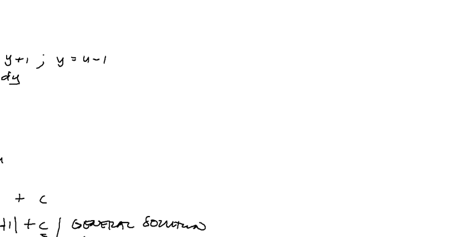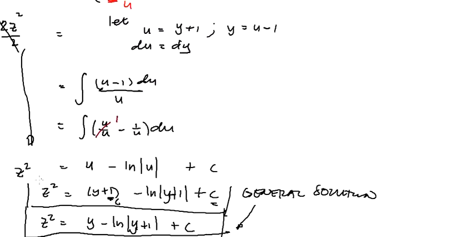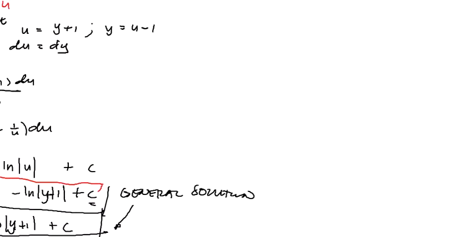So once again, what is our general solution? Let's try this first. z squared is equal to y plus 1 minus ln of absolute value of y plus 1 plus c.